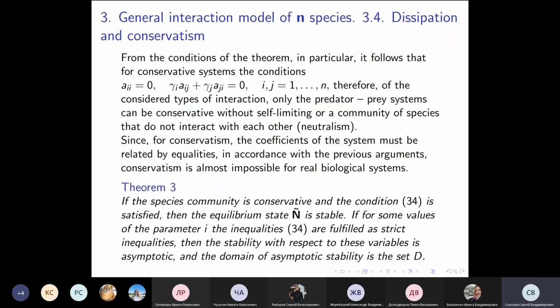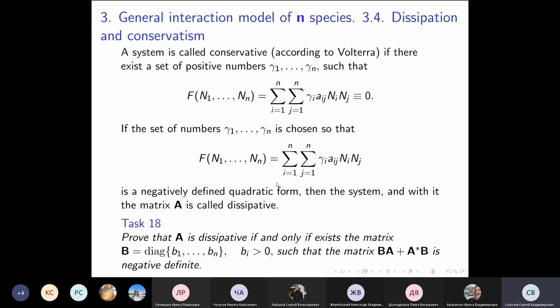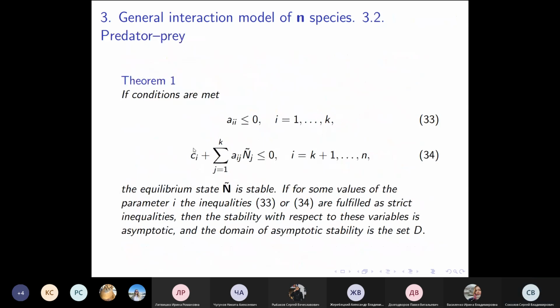If the community is conservative, and the condition 34 is satisfied, the condition 34 is this one.